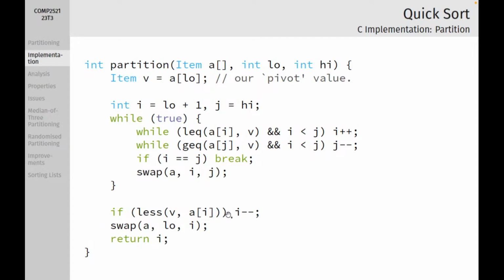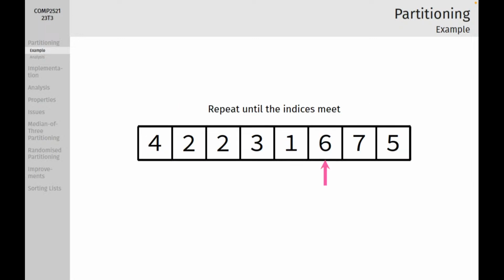Here we have a special case where if the indexes happen to meet at an element which is greater than the pivot, then you have to decrement i, right? Because, as I showed earlier, if the indexes meet where there's an element greater than the pivot, then you want to swap the item to the left of it, not the item at the index itself.